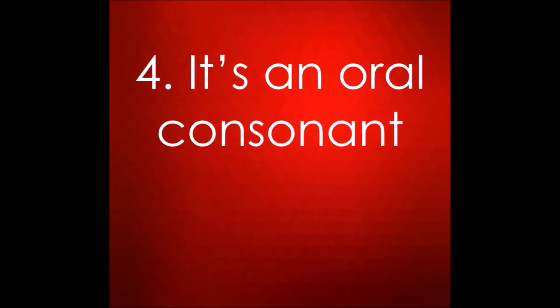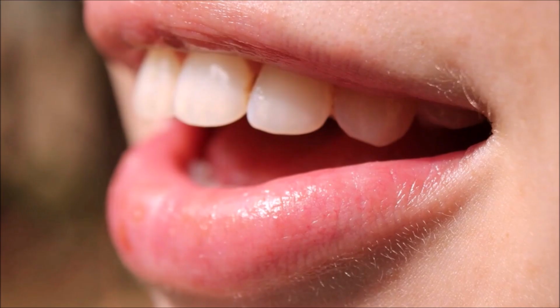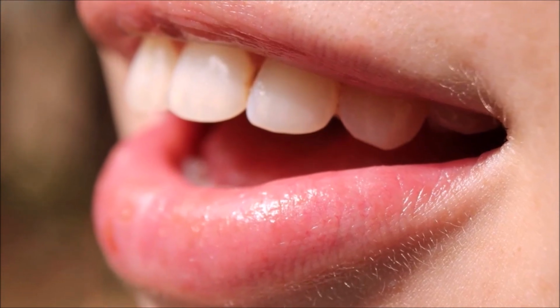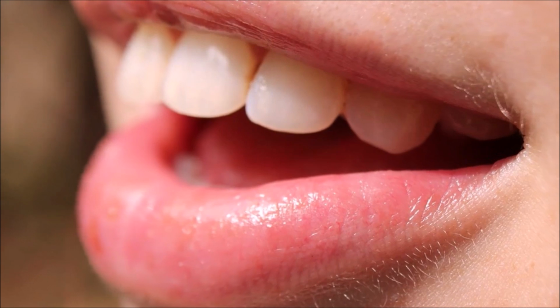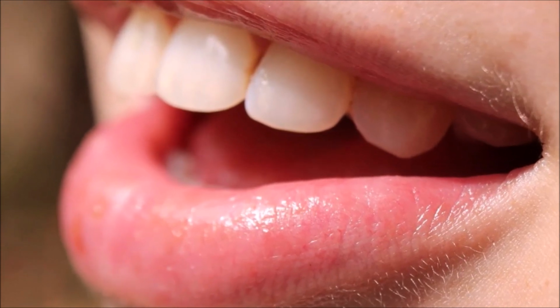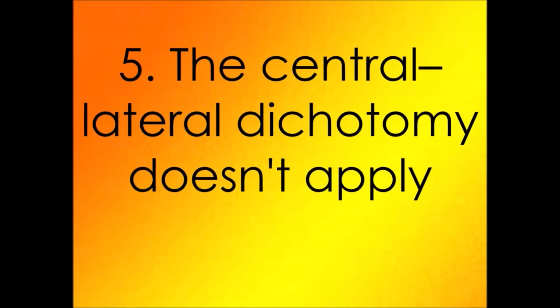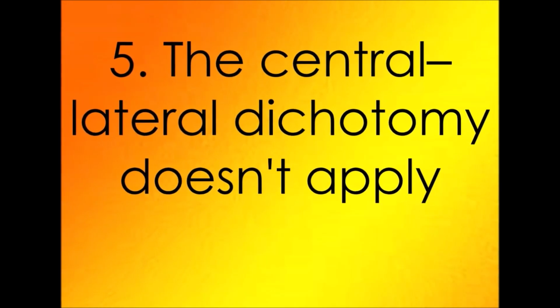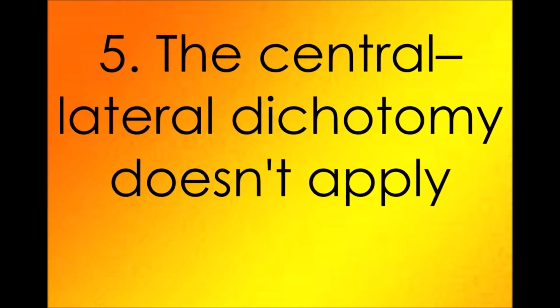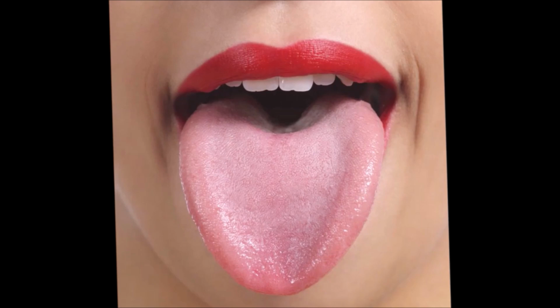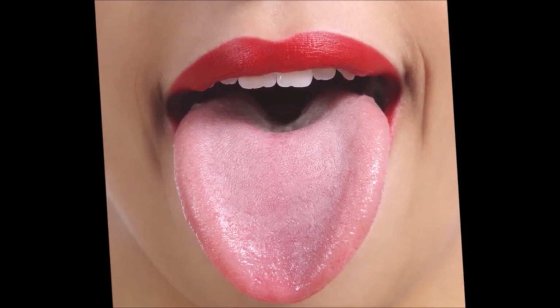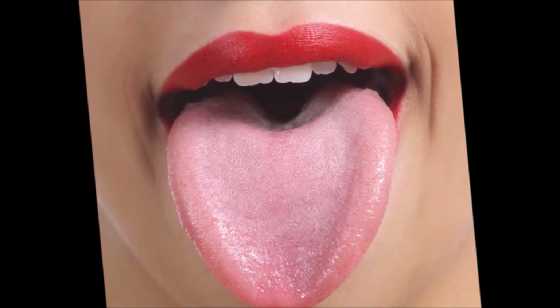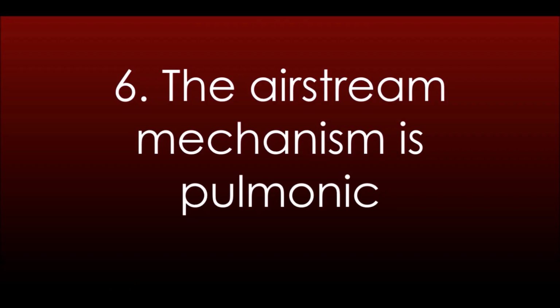4. It's an oral consonant, and that means we allow air to escape through the mouth only. 5. The central-lateral dichotomy doesn't apply, and that's because we don't produce the sound with airflow over the tongue. 6.